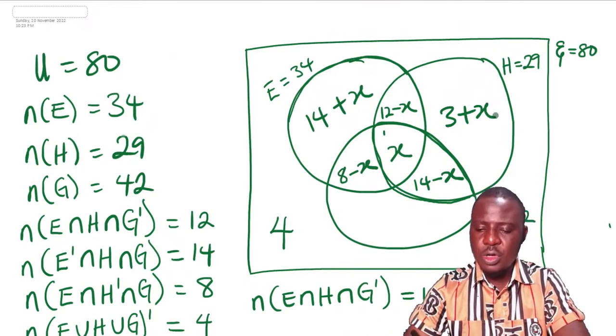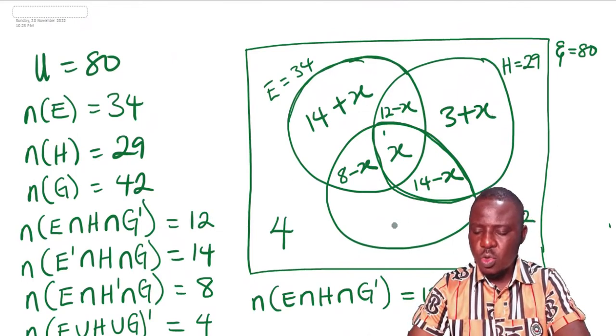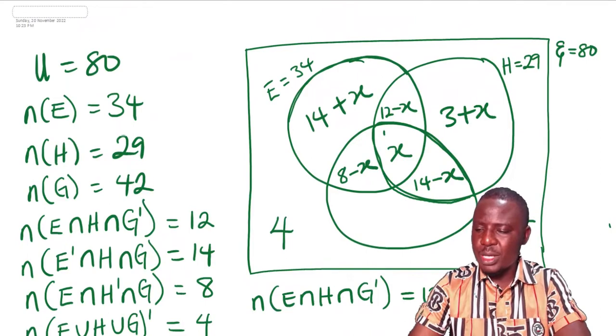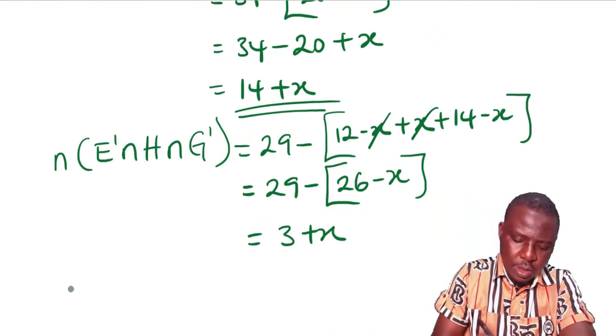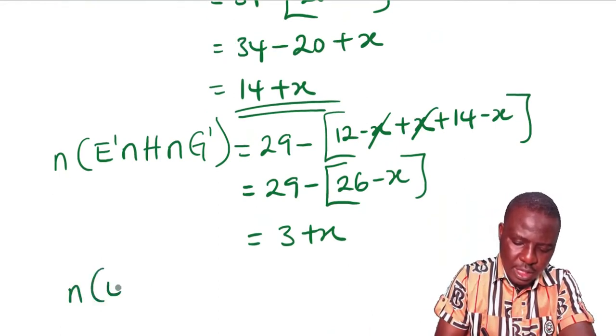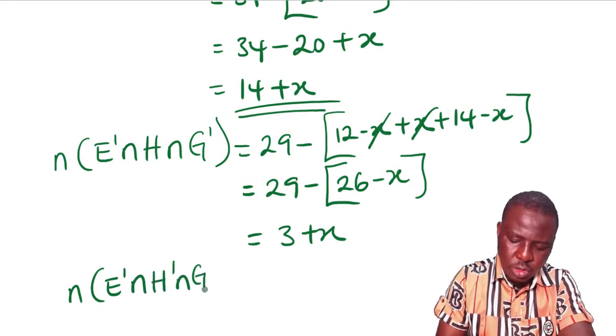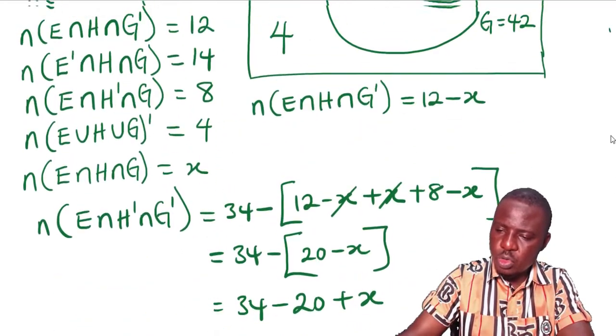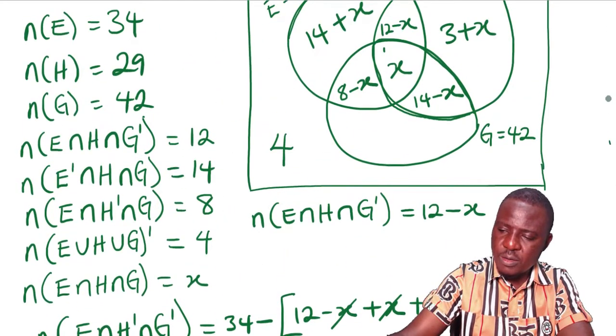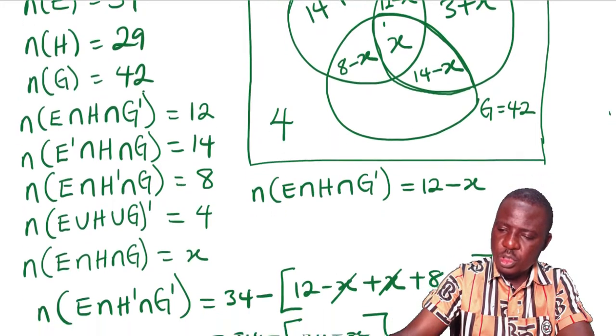I have gotten all the regions excluding this. So when I'm done with this, it makes my work easier. So let's look for those who study only geography. So n of English prime intersection history prime intersection geography is, those who study geography, the total number is 42.